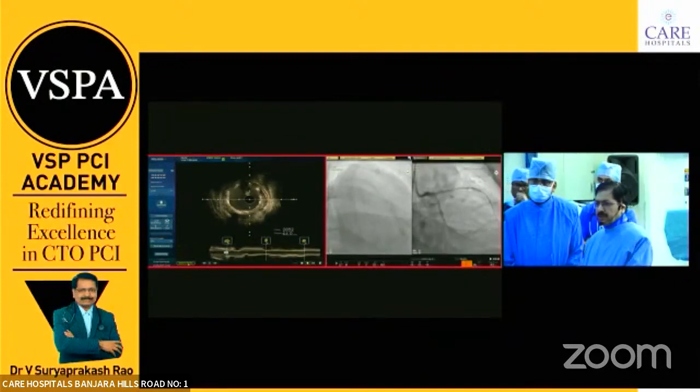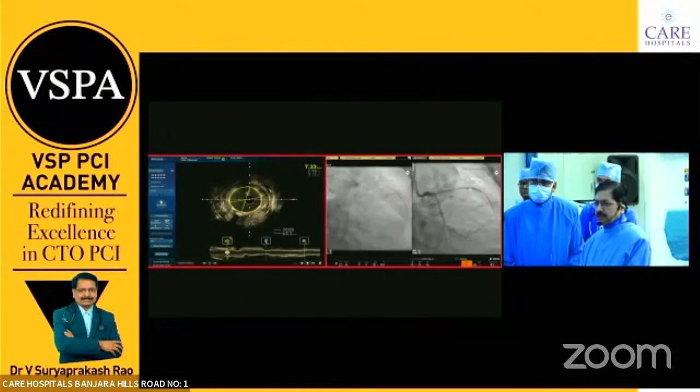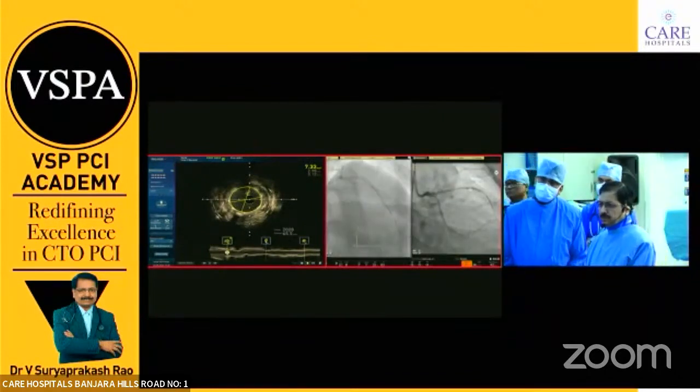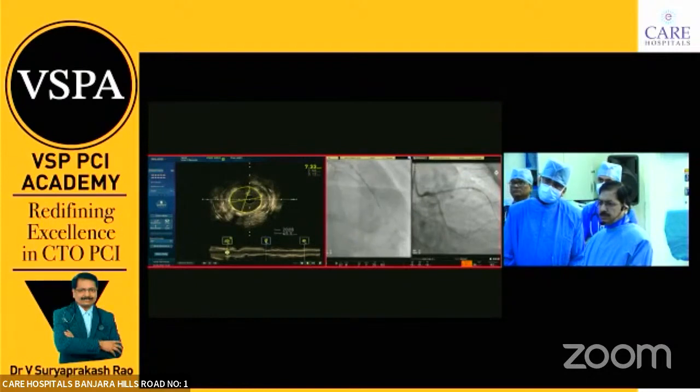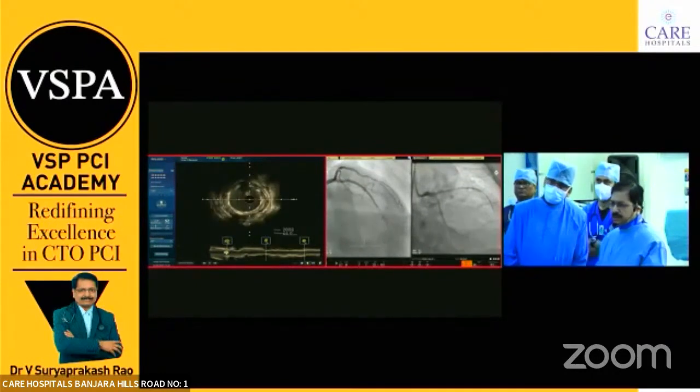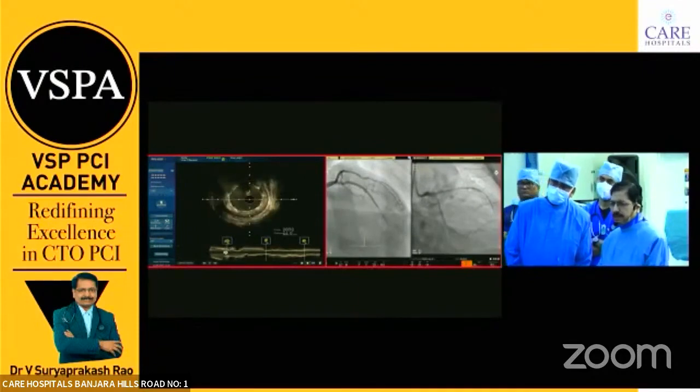Finally, we had a decent result considering the badly diseased vessel. If you can see the cranial view, next view, next view, next. We removed the wire, and this is the final result, a diseased LAD as expected.